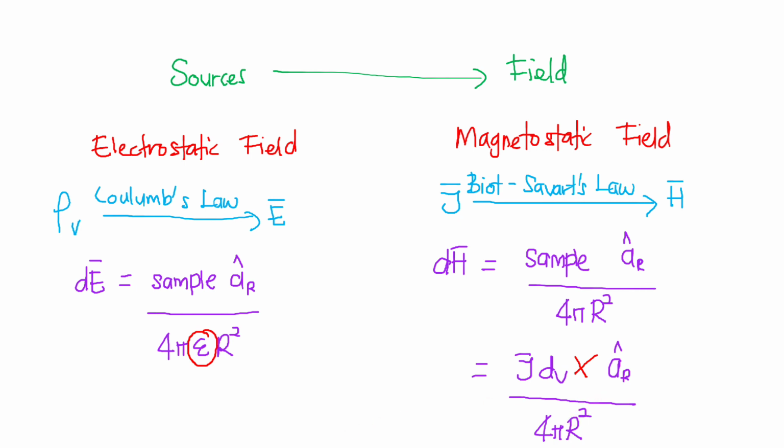And here you can replace your J dV with I dl if the source is the line current, or you can replace it with JS dS if the source is a surface current. So that's all for this video. Thank you.